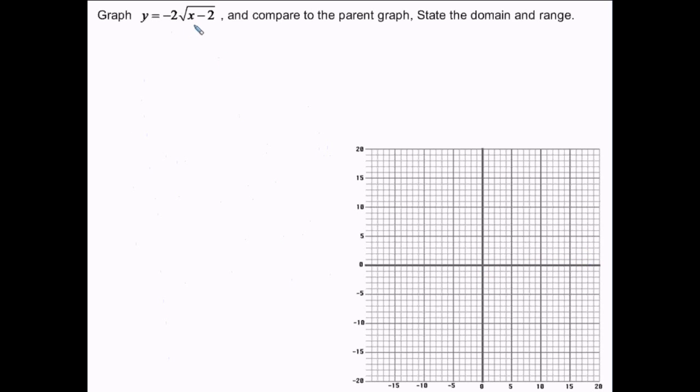Here, I'm going to go ahead and try to do this without plotting points. So this negative 2 underneath means that I'm moving 2 places to the right. So that's where I'm going to start. That negative means I'm going to flip. And this 2 means I'm going to double.